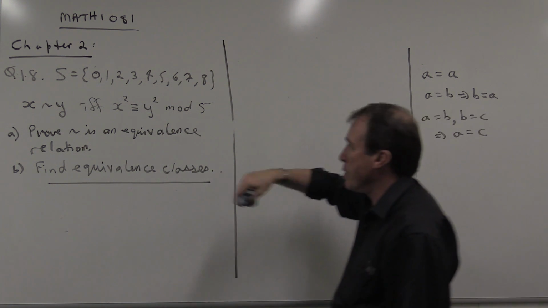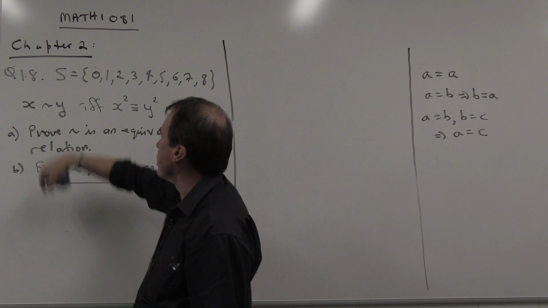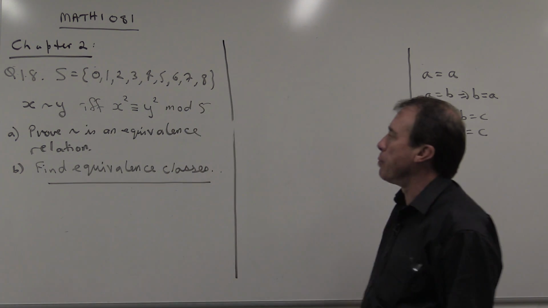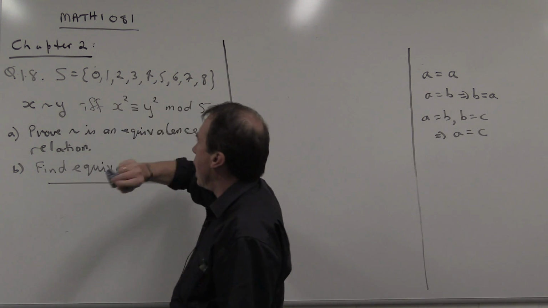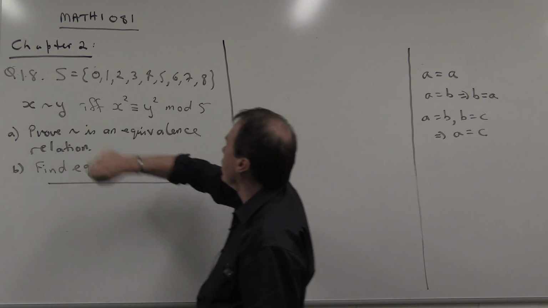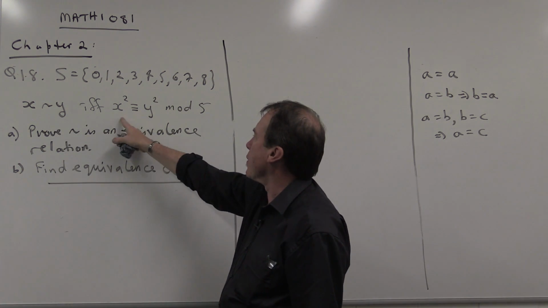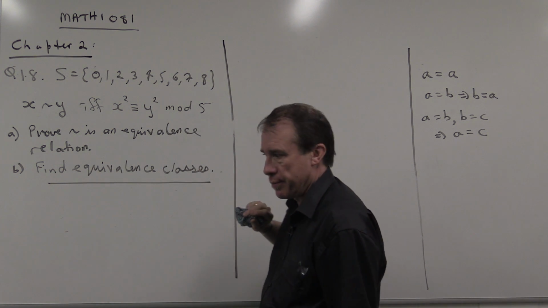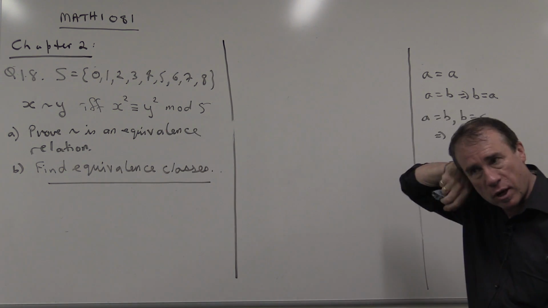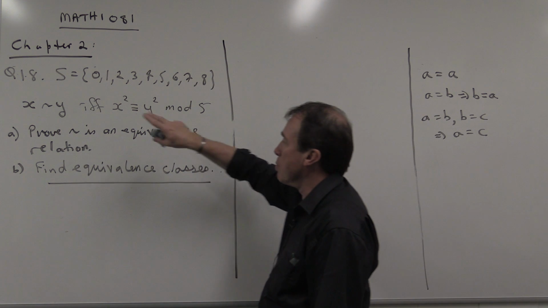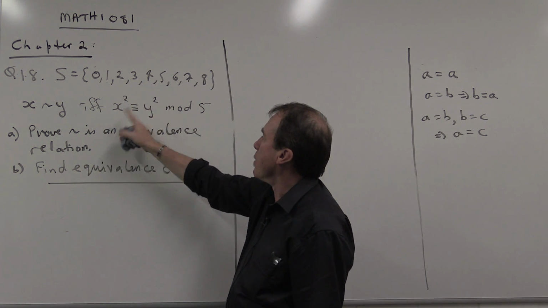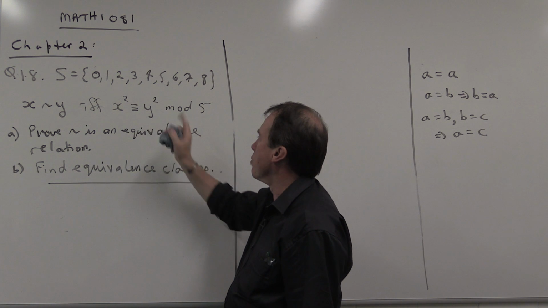So here we're given some sort of relation that says two numbers in this set S are equivalent if and only if their squares are the same mod 5. Always in discrete maths, try and put the stuff into English. Two numbers are equivalent if and only if their squares are the same modulo 5.